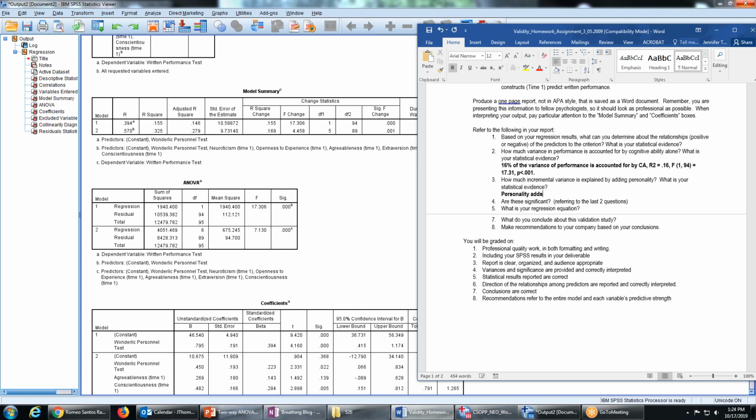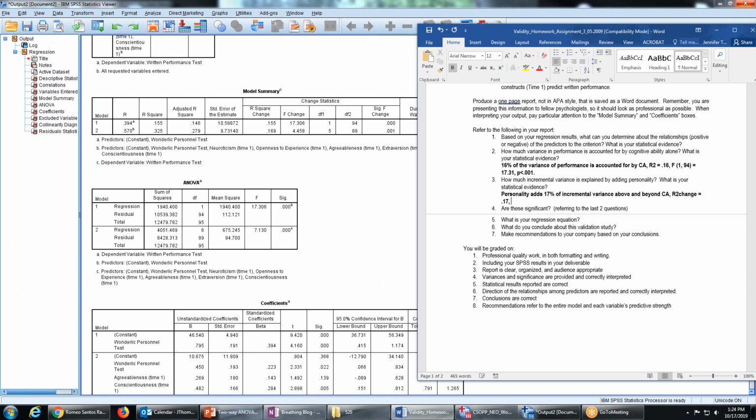Personality adds 17% of incremental variance above and beyond cognitive ability, comma, R square. You need to look for the change symbol. I'm just going to type it out here. 0.17.